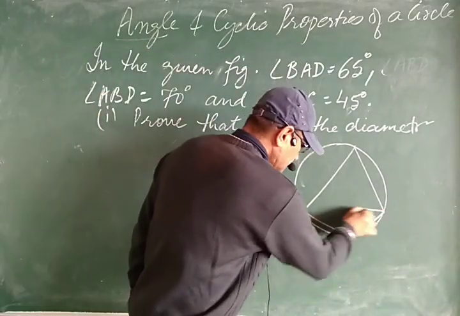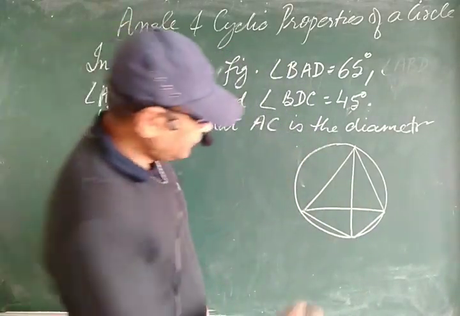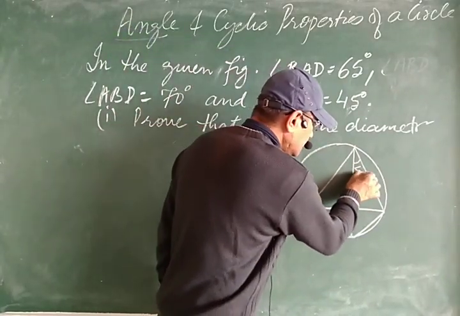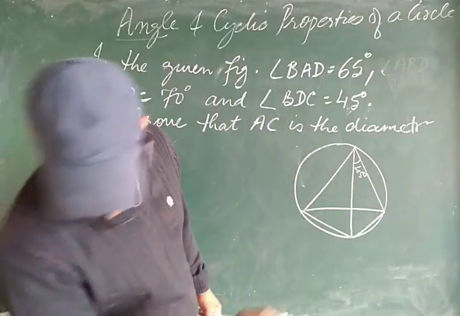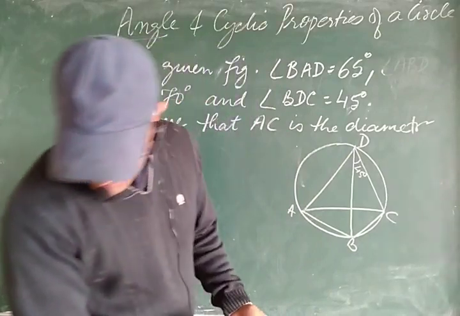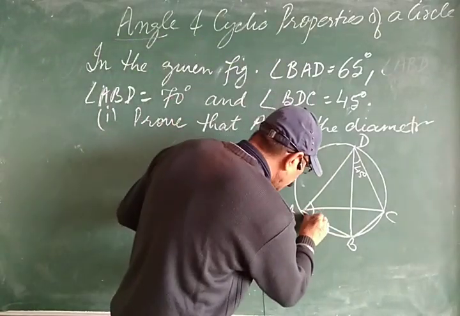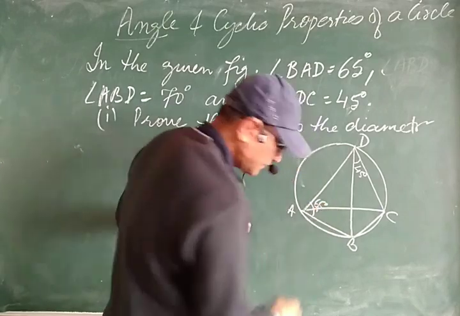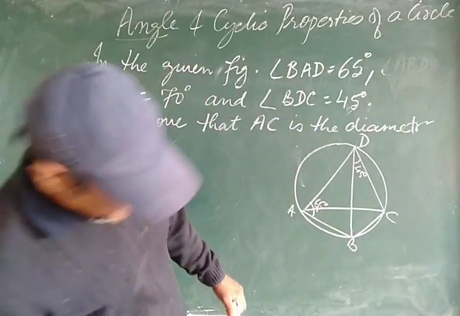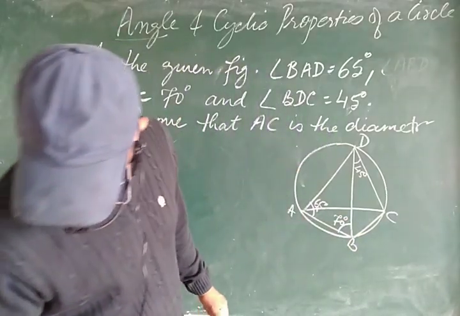Here 45 degrees. Then here 65 degrees, the whole value is 65 degrees. And this is 70 degrees.